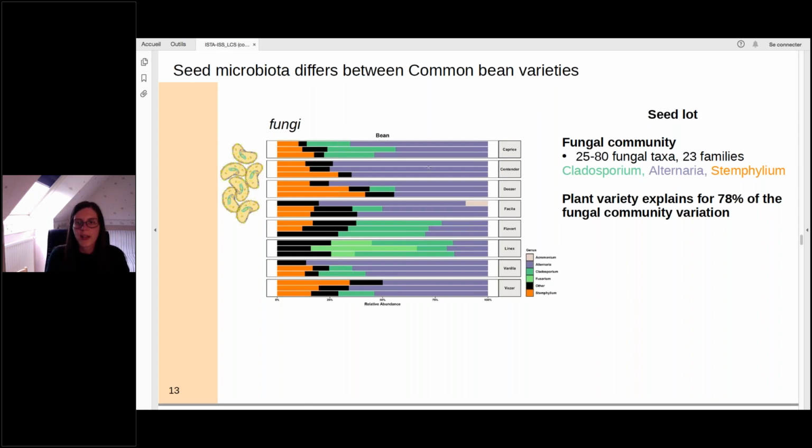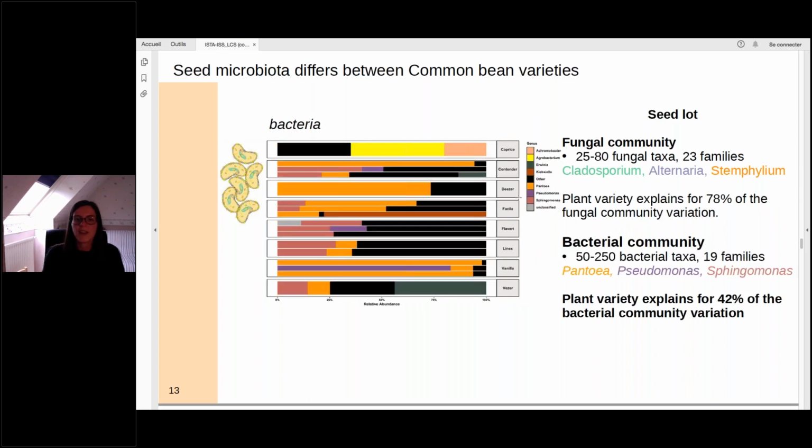Here, all taxa come from 23 families, and we've got from 25 to 80 different fungal taxa in our seed batches. Here, you see differences between the relative abundance of the microbial community in different plant varieties, and the plant variety factor explains up to 78% of the fungal community variation.